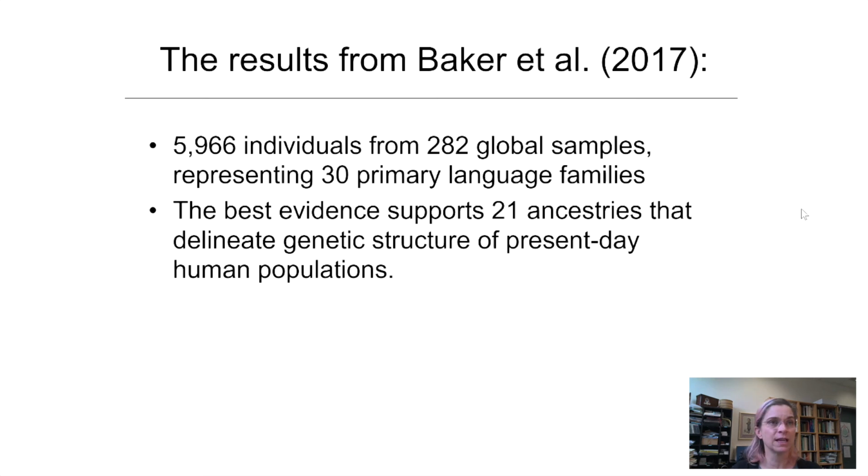So ignore this for just a second. One of the things that the study did that was really different from prior studies is that they didn't tell the analytical method how many clusters to find in the genetic variation.